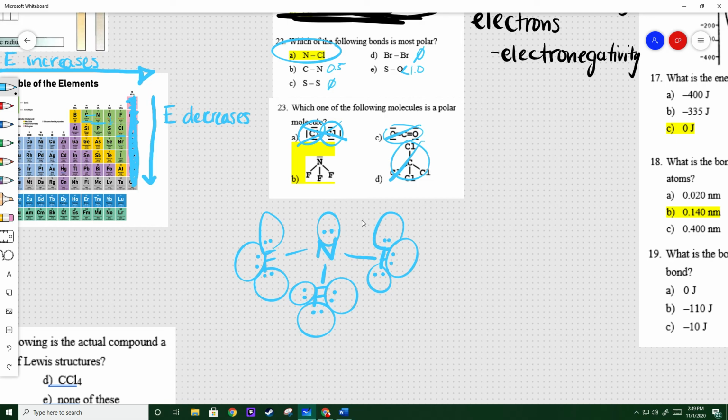And even if I were to draw it like this, spread apart as far as possible, I'm still not going to have an even distribution of my electrons all around.